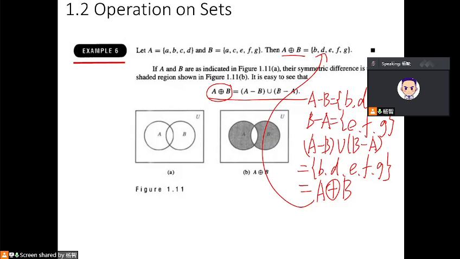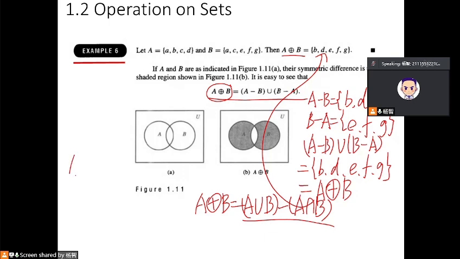Okay, and I can also give you the third type of expression of the symmetric difference of A and B. The third type is like this: A union B minus the intersection of A and B. This is the third type to describe the symmetric difference of A and B. We can use this example 6.